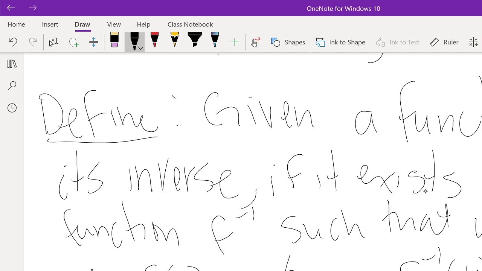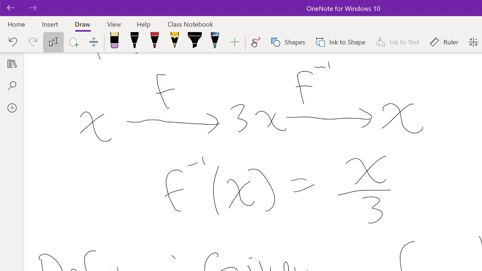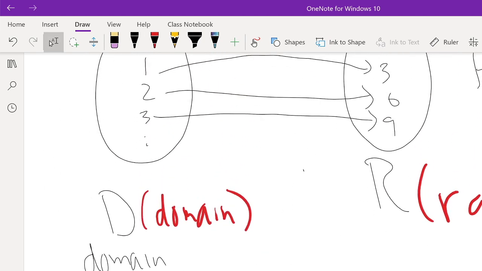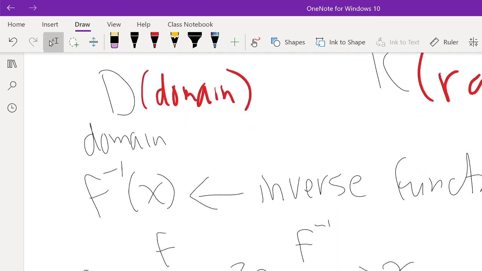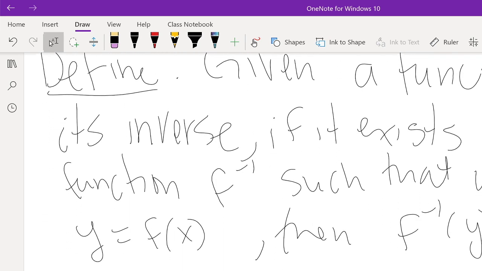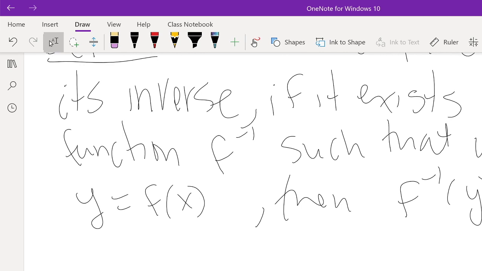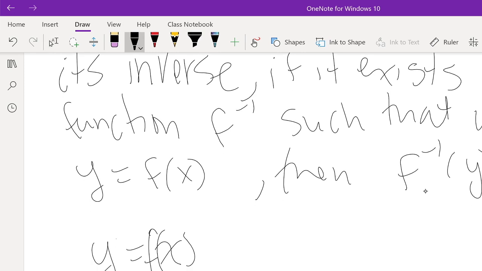So it's just putting more formally the operations that we did above, going from some set D into some set R. If we think of our initial function, y equals f of x, x is some element in a set D. The set D is the domain.